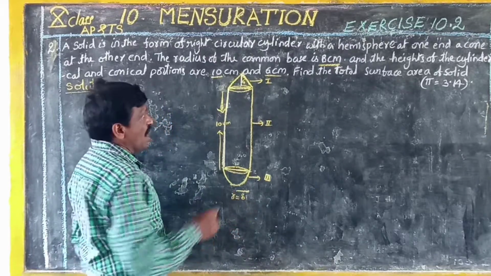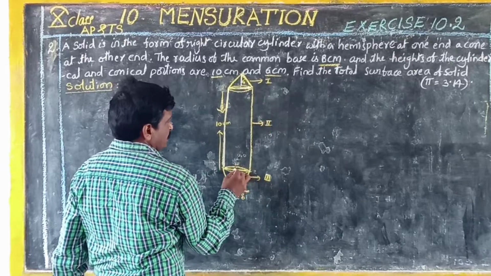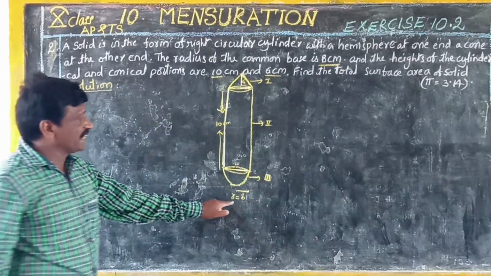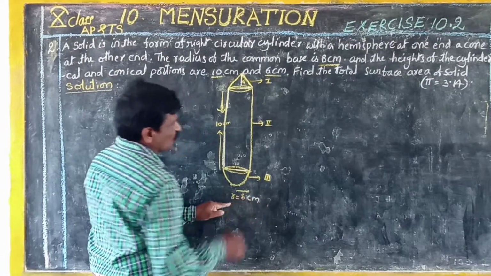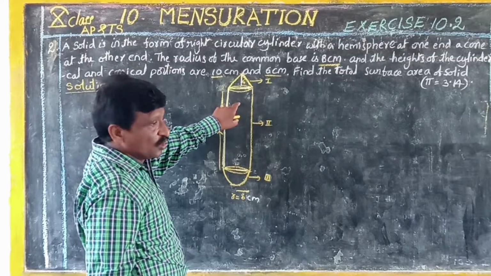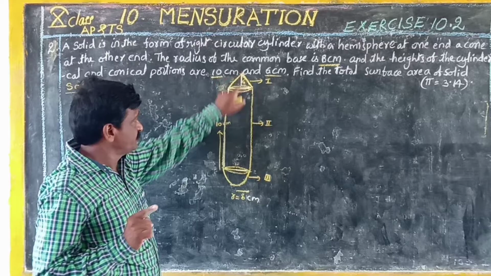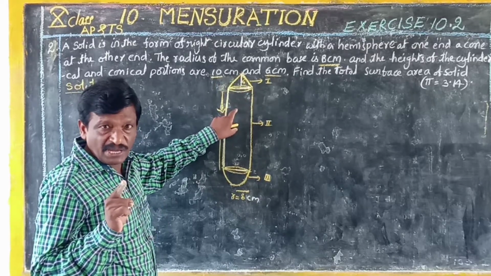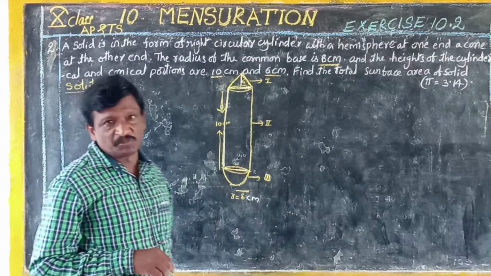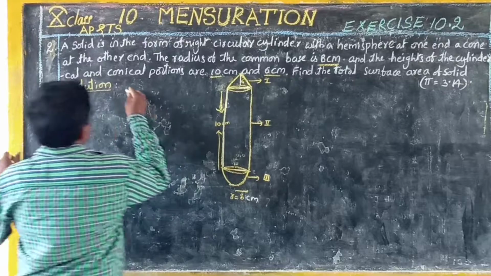All radii are equal: cone radius, cylinder radius and hemisphere radius are 8 centimeters. So for the total surface area of the solid, we will find the lateral surface area of the cone, the cylinder and the hemisphere. Now part 1, cone.